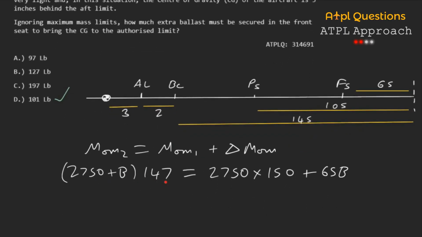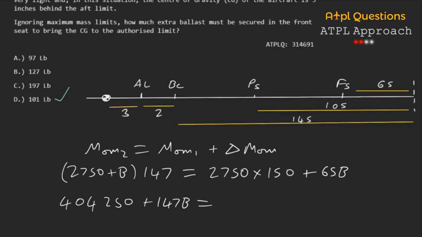So now we're going to expand these brackets, which is going to be the 147 times the 2,750. That is 404,250. And then we do the 147 times b, which is 147b. And that is going to be equal to 2,750 multiplied by 150.